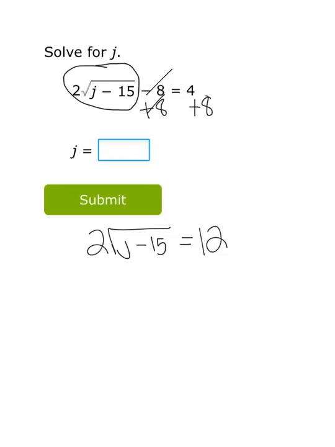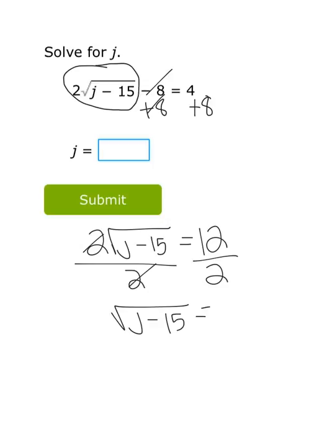Okay, now I need to isolate the radical since the j is under it, so I would divide each side by 2, and I would get the square root of j minus 15 equals 6. And now we're down to what we have been working with on the previous two examples.